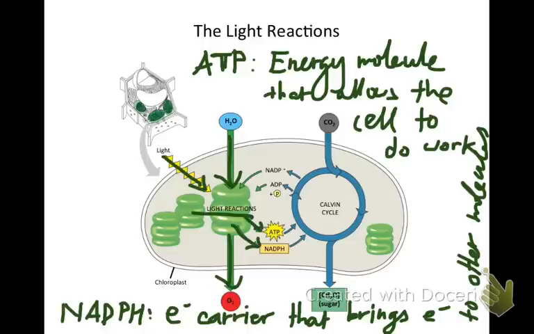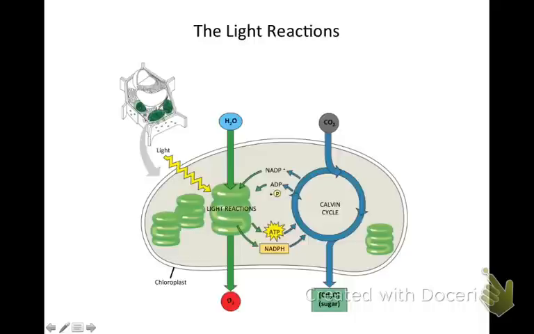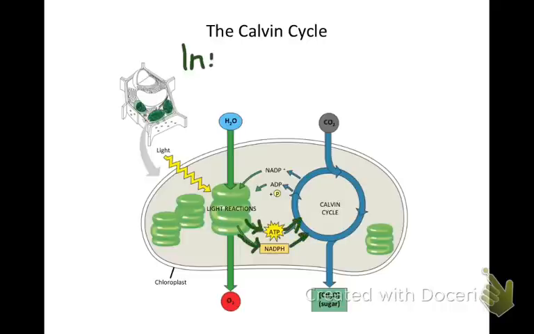Okay? So let's go to the second step of photosynthesis, which is going to be the Calvin cycle. So in the Calvin cycle, we actually have ATP and NADPH going in. So this is a Calvin cycle.